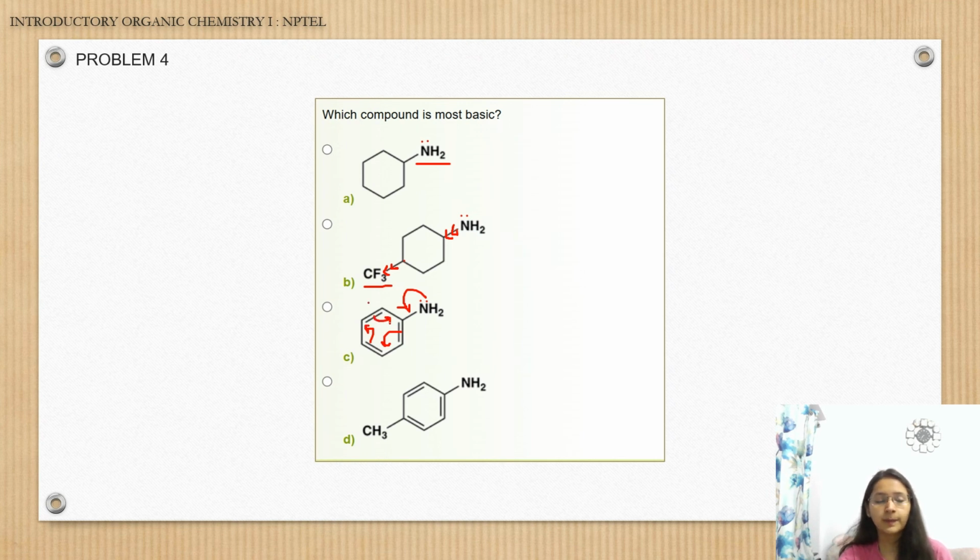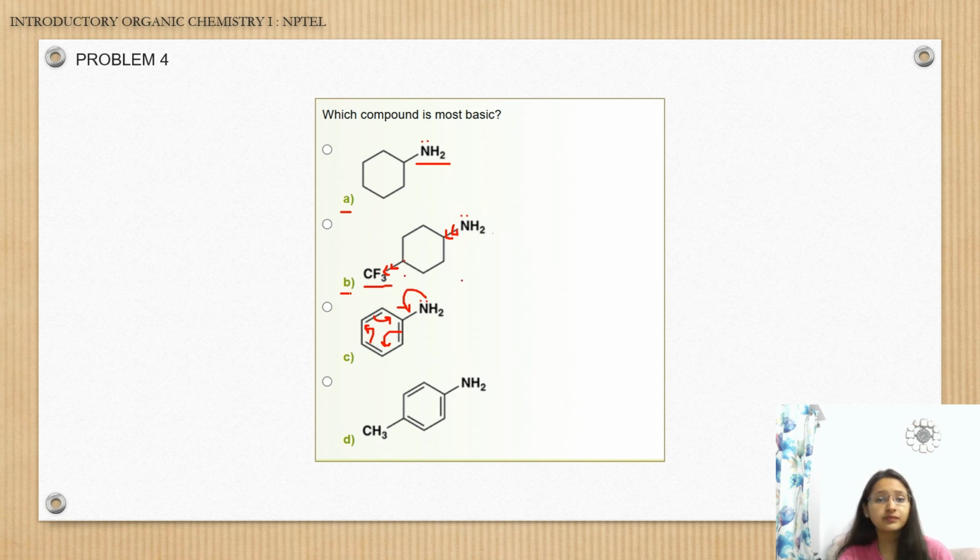Because of this delocalization with the aromatic ring, this nitrogen lone pair is not as available for the electrophile as in option number A or B. Because in B only the minus I effect of the CF3 is taking place, but the NH2 is not delocalized with the cyclohexyl ring.